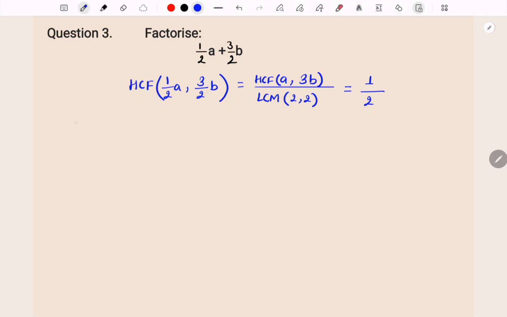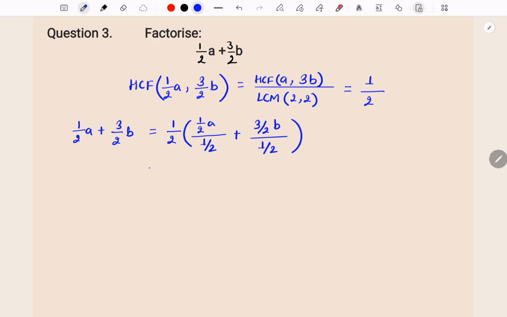Now let's factorize. We have half a plus 3 over 2 b. Okay, and we will take 1 over 2 out, and here I need to divide 1 over 2a by 1 over 2, and here we will divide 3 over 2b by 1 over 2.